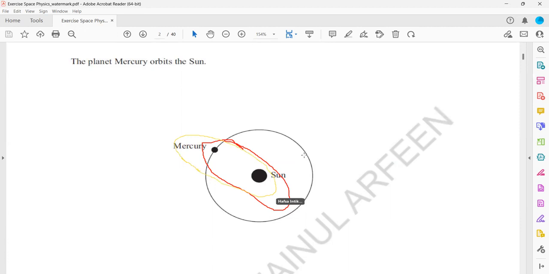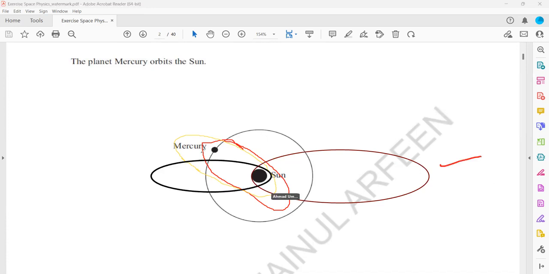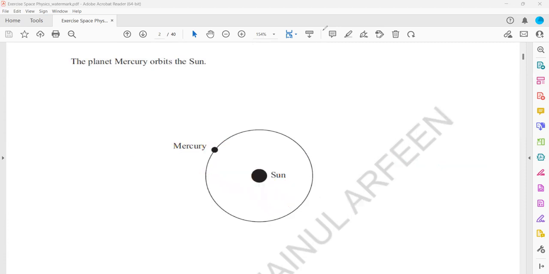You have to show the orbit. Yes, that's right. So this is correct. This is also right, good. This is also acceptable. So this is the orbit of the comet.